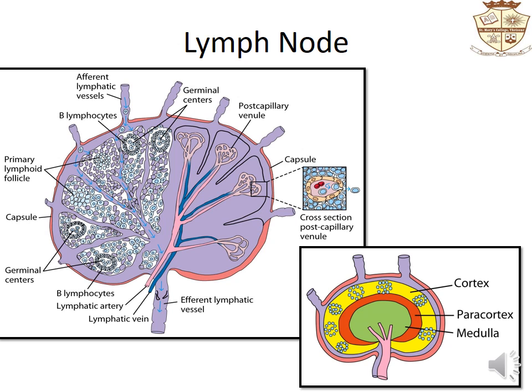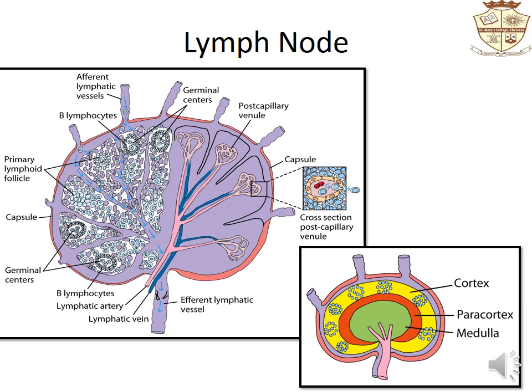The outermost layer or cortex contains lymphocytes, mainly B lymphocytes, macrophages, and follicular dendritic cells, which are arranged in a primary follicle. When an antigen enters the lymph node, the primary follicles in the cortex become secondary follicles.